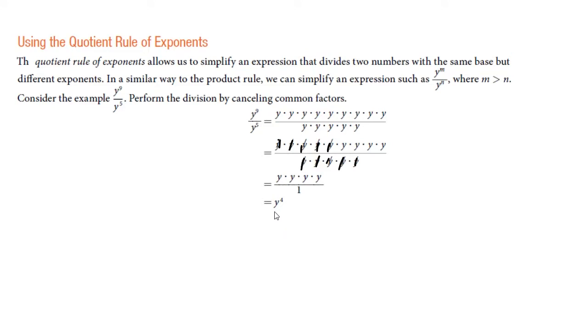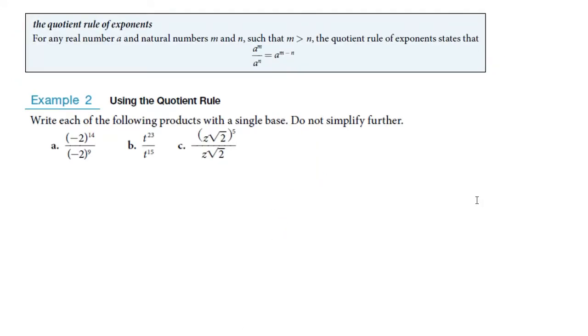So that's going to be y to the power 4. So this suggests the quotient rule for exponents. If I have a real number a, which is the base, and natural numbers m and n, where m is greater than n, then the quotient rule of exponents states a to the power m divided by a to the power n equals a to the exponent m minus n.